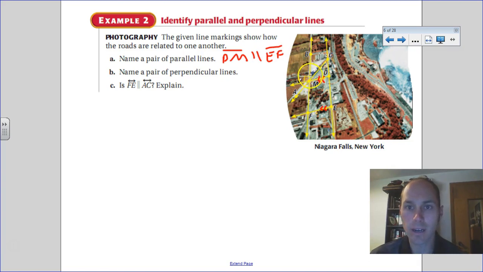Perpendicular lines in the diagram: I've got this square in the corner, so that's line AM, and the perpendicular marking is an upside down T, and that'd be perpendicular to line BM.